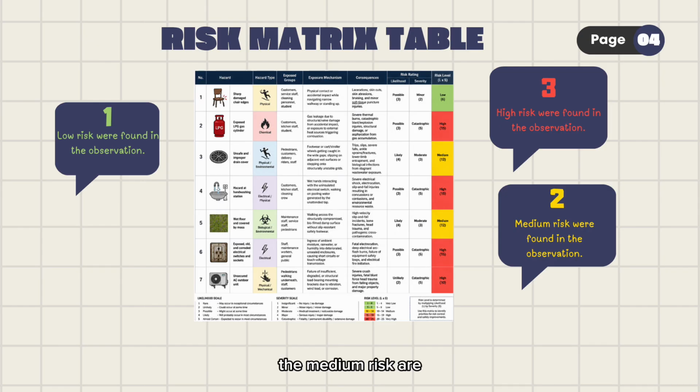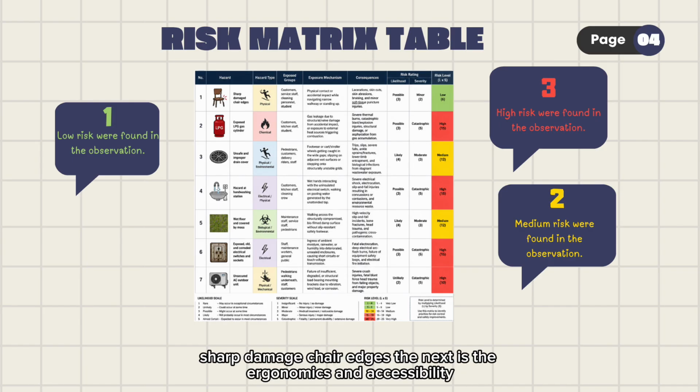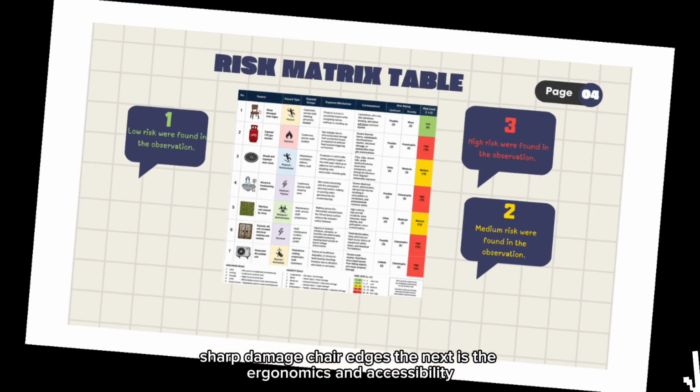The medium risks are the unsafe and improper drain cover, and the wet floor covered by moss. The last one, the low risk, is sharp damaged chair edges.